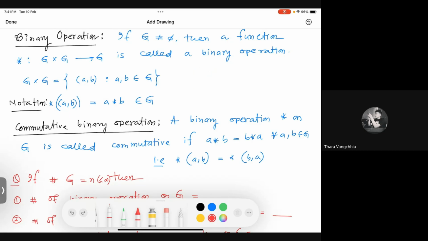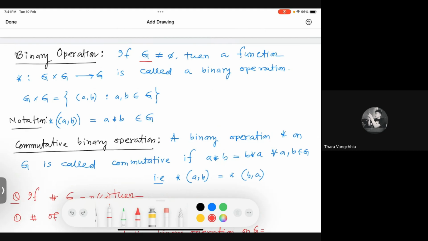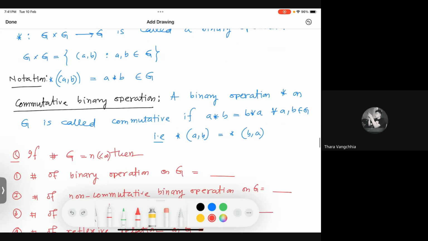So what is a binary operation? First of all, we need a non-empty set. So a binary operation is a function from G cross G to G. This is called a binary operation. This is a function. You know what a function is? For a function, we need a domain and we need a codomain.